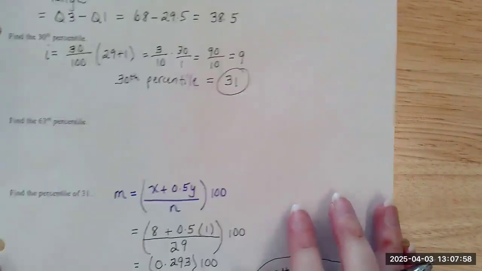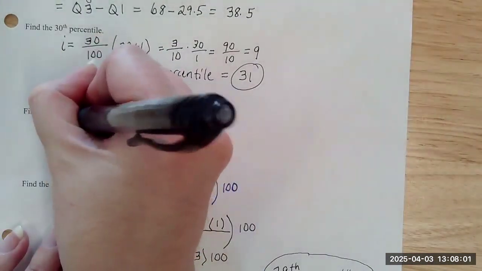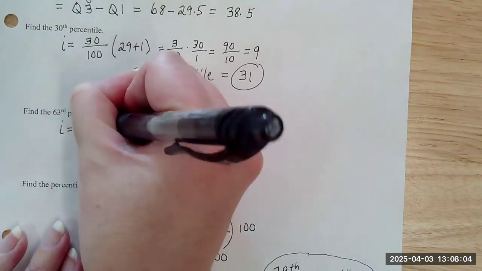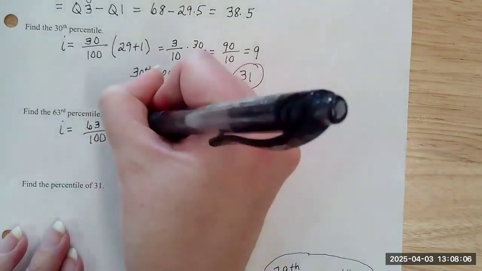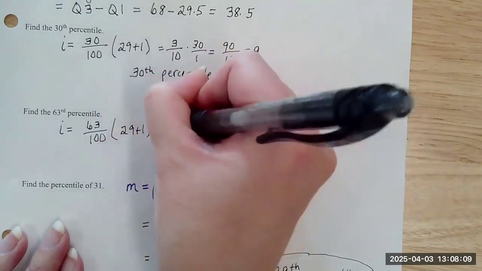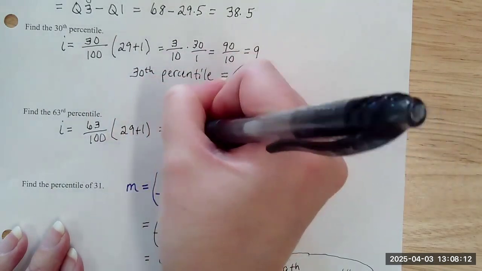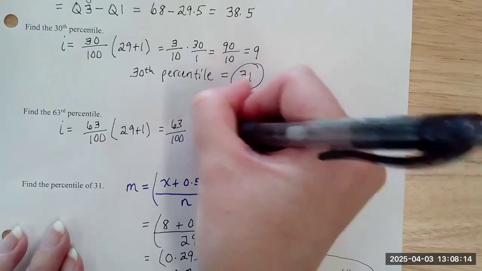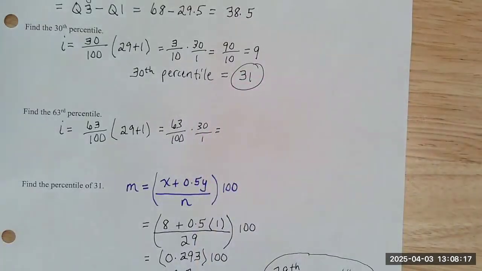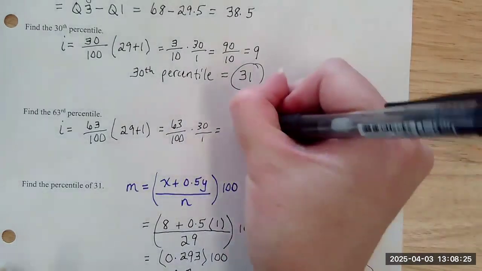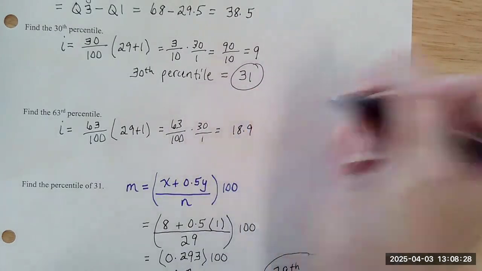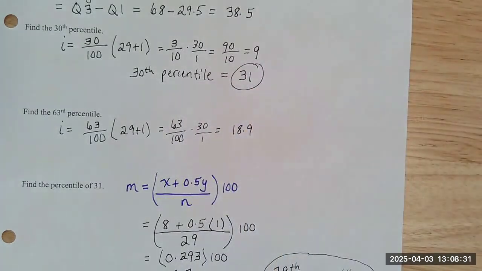Okay, 63rd percentile. We're going to do i is equal to 63 over 100 times 29 plus 1. So 63 over 100 times 30 is going to give us 18.9. So 18.9 is not a whole number, so I've got to find the 18th and the 19th values. I'm going to add those numbers up and divide by 2.